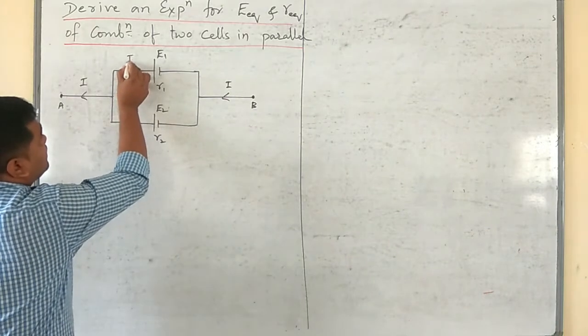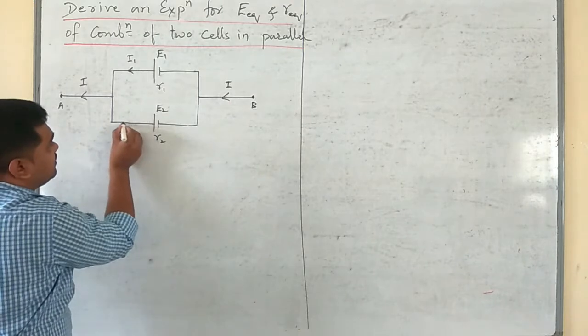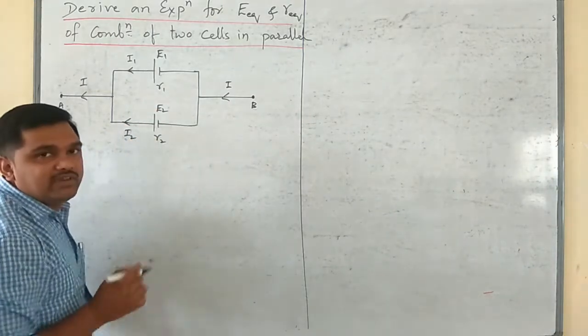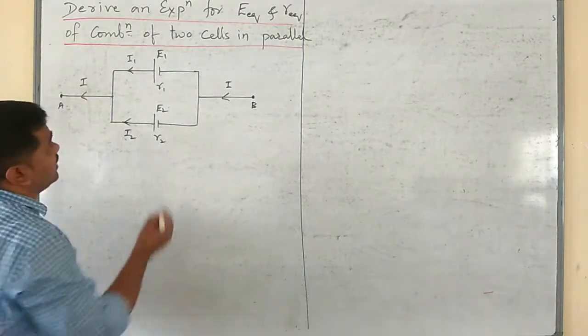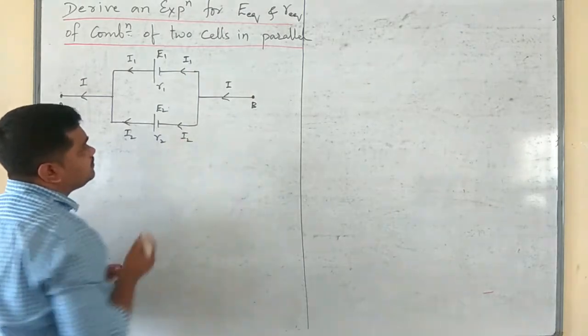Let I1 be the current through the cell E1, and I2 be the current through the cell having EMF E2. Here I1 comes, here I2 comes.